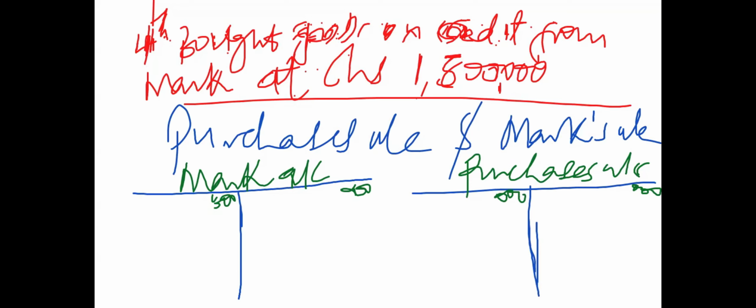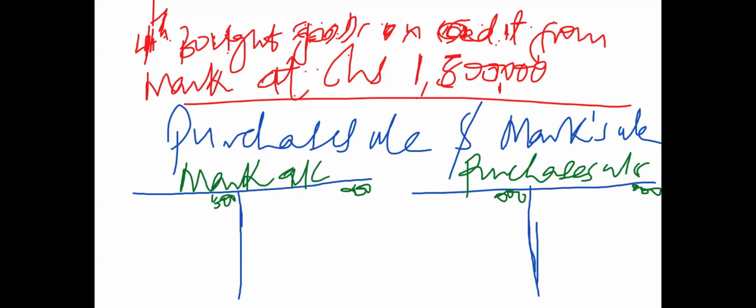So on the same date, we are going to credit Mark as of June 6th in the name of purchases because it's the corresponding account, and the amount is 1.5. And when we come to the purchases account, because we have purchases in Mark's account, then automatically we are going to debit the purchases account as the corresponding entry.